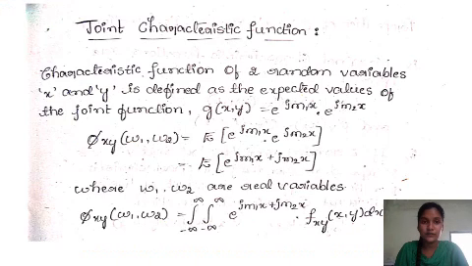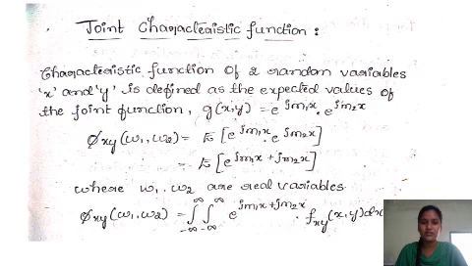The definition of the joint characteristic function: the characteristic function of two random variables, that is X and Y, is defined as the expected value of the joint function g of x comma y, which is e power j omega 1 x into e power j omega 2 y. Phi xy of omega 1 comma omega 2 is equal to the expectation of e power j omega 1 x into e power j omega 2 y.